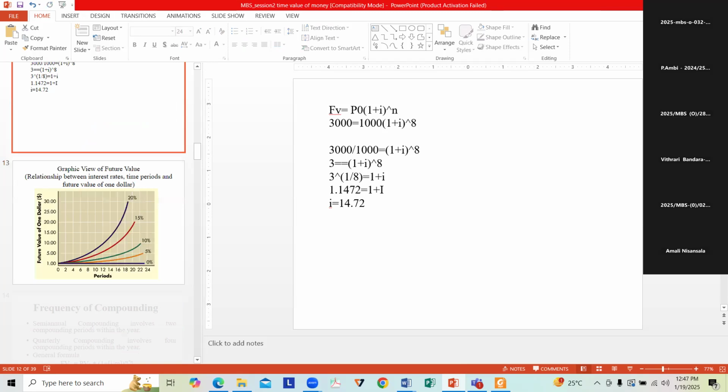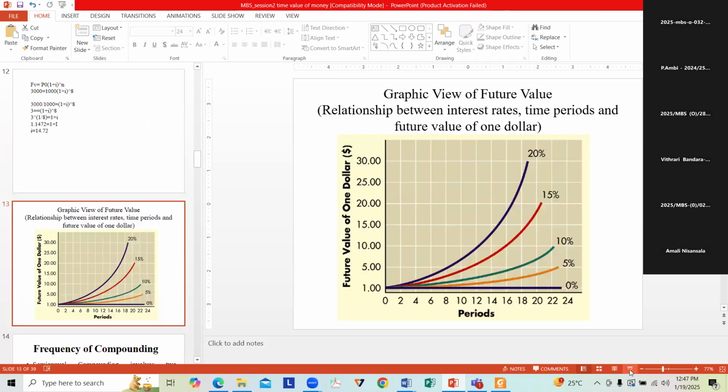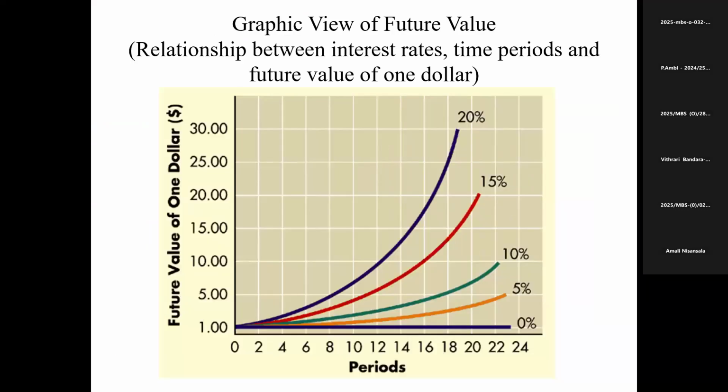You can see here, this is actually what we have learned. So this is a graphical representation of what we have learned. Years to 20 years, money values are different.